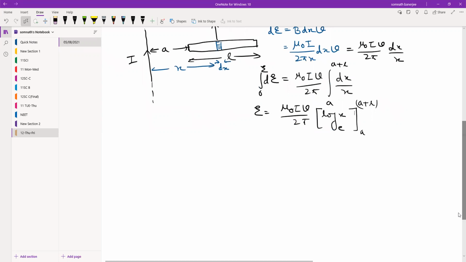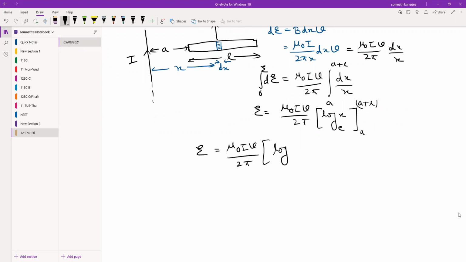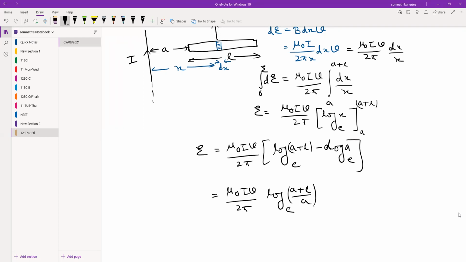So we can write EMF equals mu naught I V by 2 pi log A plus L minus log A base e, that is mu naught I V by 2 pi log of A plus L by A base e. Yes or no? Yes, sir.